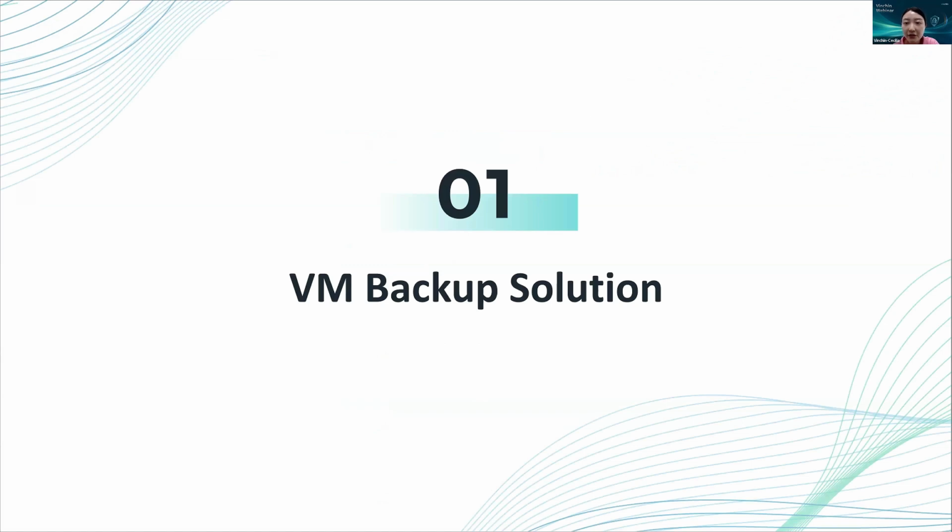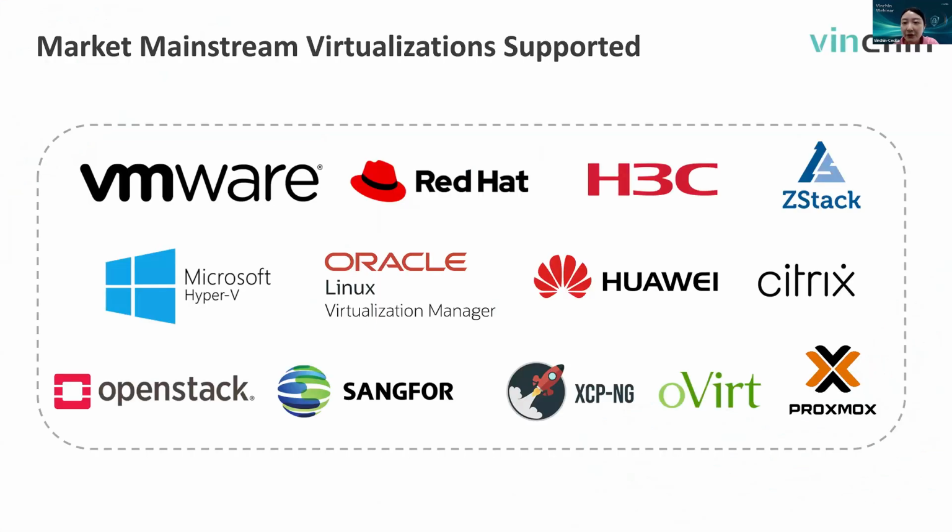Let's begin with the first part, Vinchin backup solution for virtual machines. Vinchin Backup and Recovery provides comprehensive data protection solutions for virtualization. As you can see on the screen, Vinchin supports the market mainstream virtual platforms for image-based agentless virtualization backup solutions, including VMware vSphere, Hyper-V, oVirt, RHV, Citrix, and Proxmox.